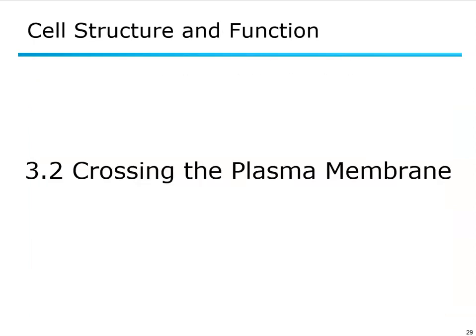Going to the next learning outcome, we need to talk about the movements through the membrane. You remember the plasma membrane is selectively permeable, and it's going to be permeable for some substances going into the cell and some substances going out of the cell. Then we're going to talk a little bit about the transport through the membrane.